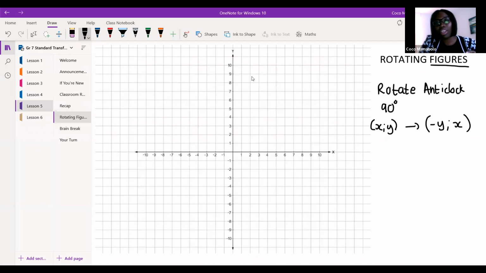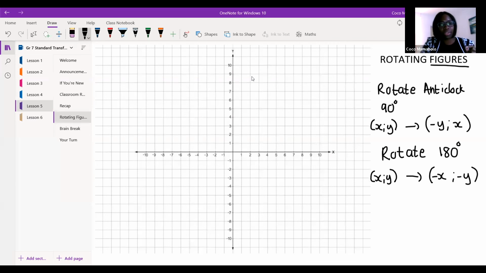Now, if I want to rotate 180 degrees, it doesn't really matter whether it's anti-clockwise or clockwise. What's going to happen is I'm going to keep my X and my Y values exactly where they are. I'm not going to move them. I'm just going to change them from positive and positive to negative and negative.